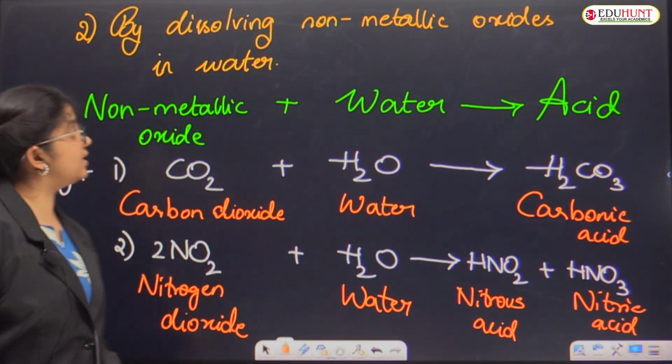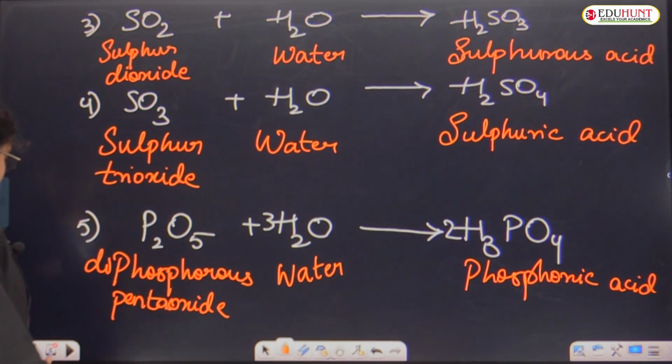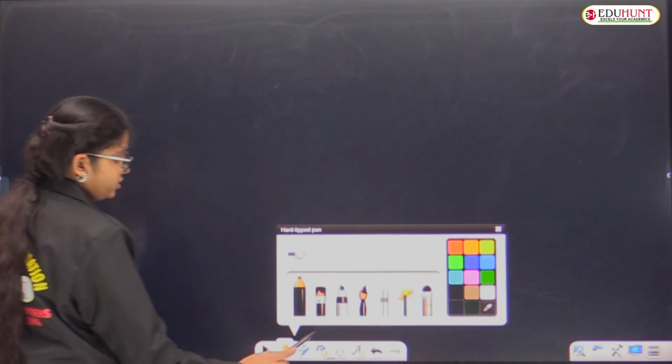Now, remaining 2 methods are there. Let's see what those are. Before that, let me tell you a note point here, children.